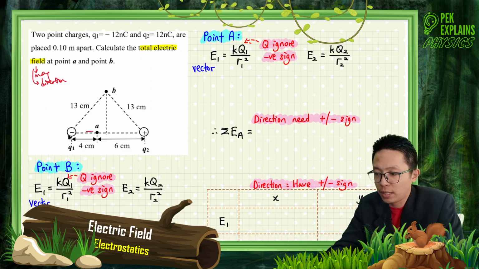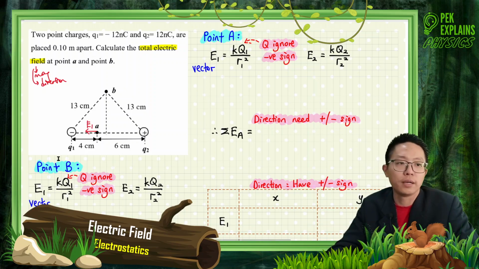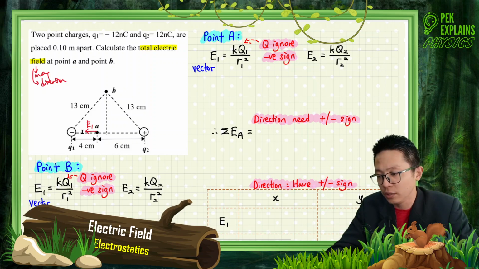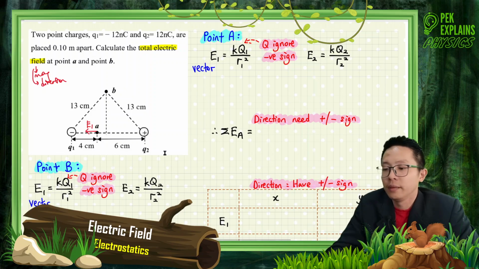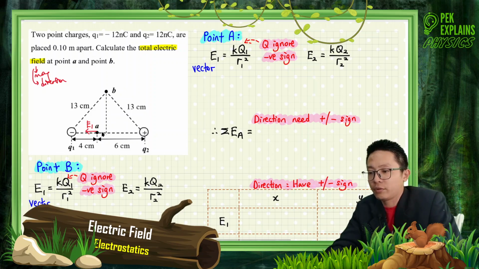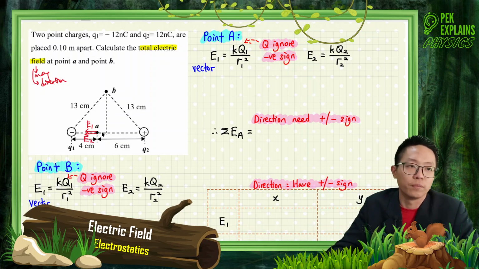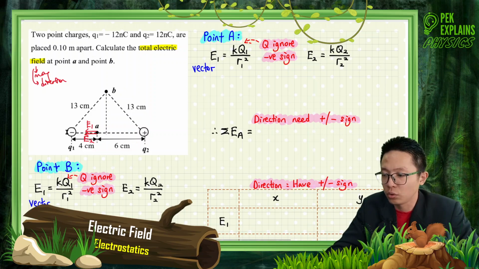So E1 is towards Q1, because for a negative charge, the electric field is going inward. Now how about Q2? Q2 is a positive point charge, so electric field is going outward. So at point A, electric field is going to the left also, because the electric field is going away from Q2. This is E2. So E1 is towards Q1, E2 is away from Q2.